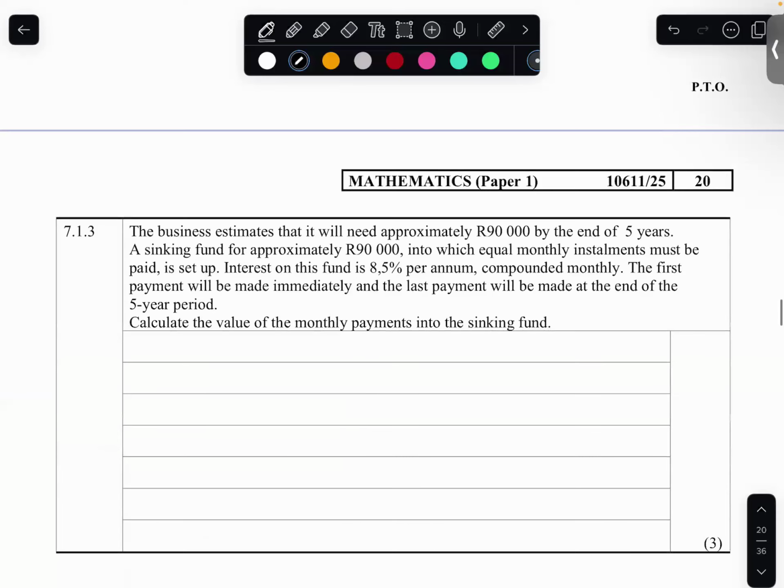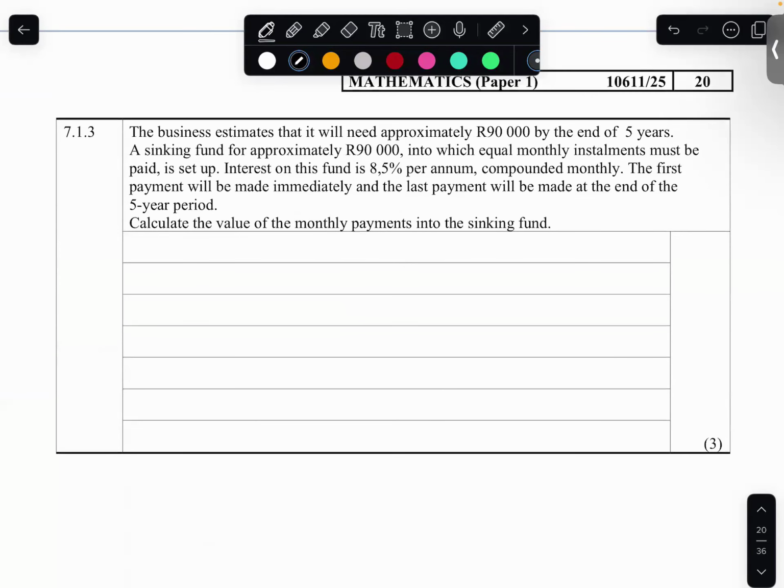Right, that's that one. It says the business estimates that it will need approximately 90,000 by the end of 5 years. A sinking fund for approximately 90,000 into which equal monthly installments must be paid is set up, which means that the sinking fund is worth 90,000. Regardless of anything else, they are setting up a sinking fund for 90,000 Rand.